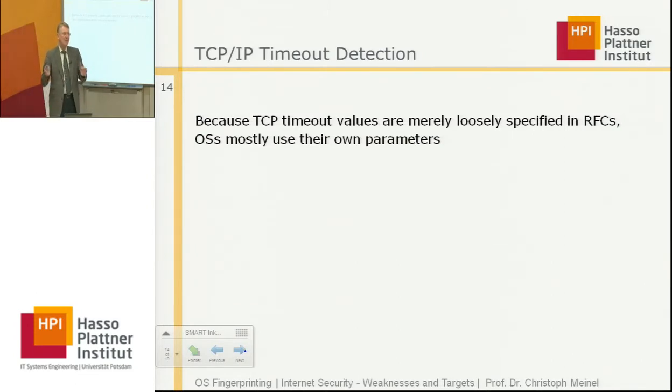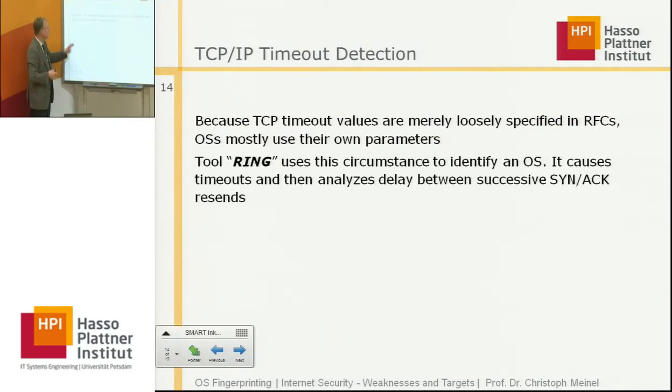And that's the reason: if something is not standardized in a fixed way, then different applications and different operating systems use it in a different way. So in most operating systems, they have their own parameters for this TCP timeout. There is a tool called Ring that uses this situation to identify an operating system. Ring causes timeouts and then analyzes how the different systems are reacting.